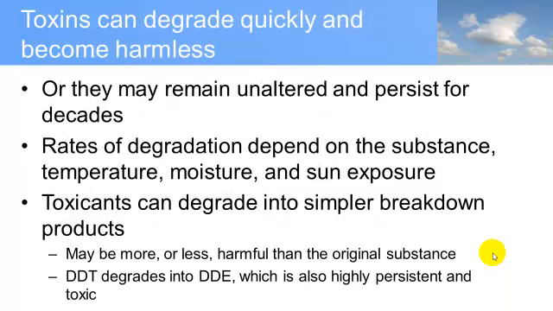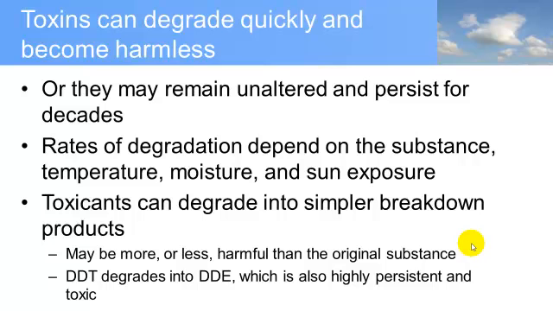Now, some toxic chemicals can degrade and become harmless. Others remain unaltered and are very persistent and can stay around for decades. Some, for example heavy metals, are elements. There's nothing for them to break down into, so they will never detoxify and degrade into something else.